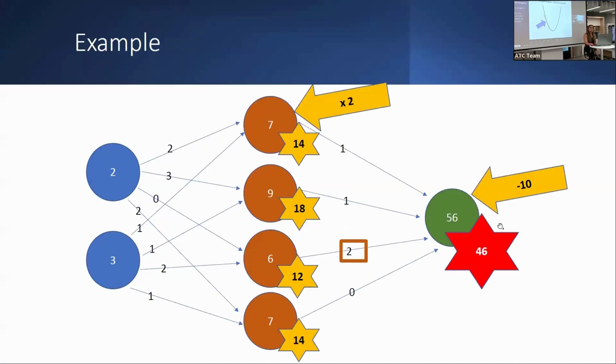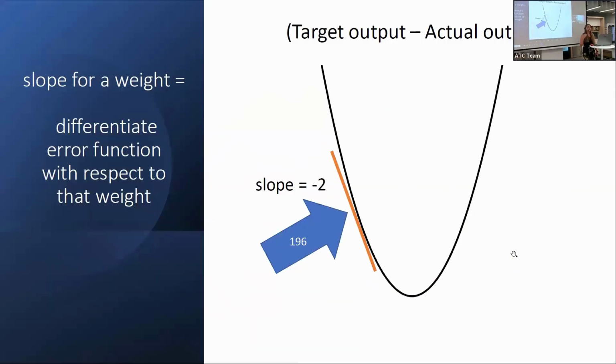For the purposes of this demonstration, I'm going to focus on one weight, that 2 there. Usually you would take all of your weights simultaneously in a vector and differentiate, but that's going to take very long, so I'm not going to do that today. I'm also not doing the differentiation right now. I'll just tell you that the slope is -2.